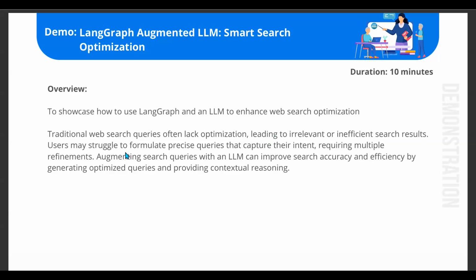Users may struggle to formulate precise queries that capture their intent, requiring multiple refinements. So augmenting search queries with an LLM can improve search accuracy and efficiency by generating optimized queries and providing contextual reasoning.